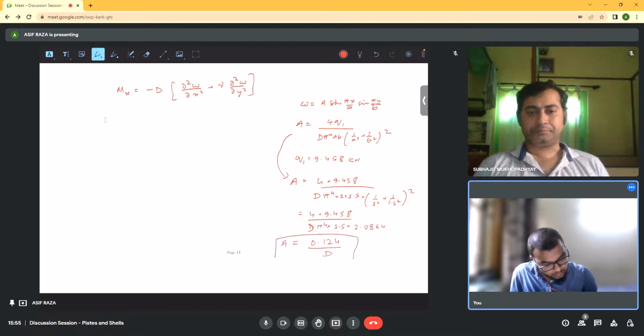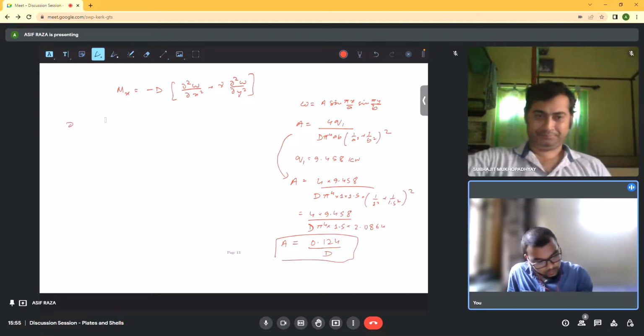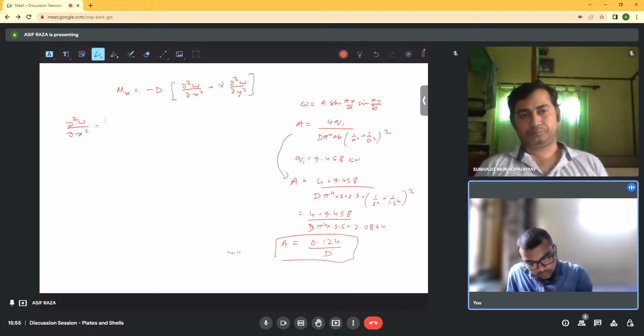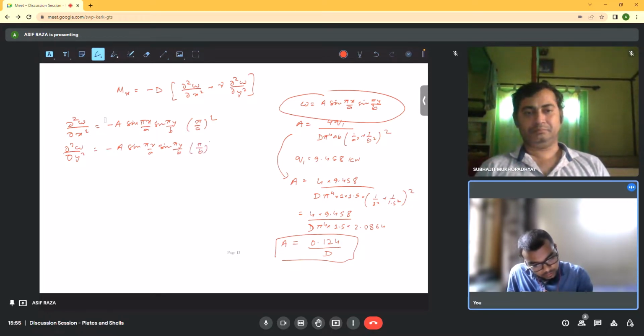So if we substitute, del square w del x square, we have w as there, we'll get del square w del x square as minus A sin(pi x by a) sin(pi y by b) times (pi by a) whole square, and del square w del y square is equal to minus A sin(pi x by a) sin(pi y by b) times (pi by b) whole square.